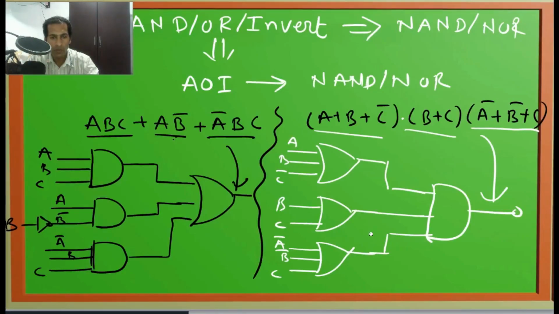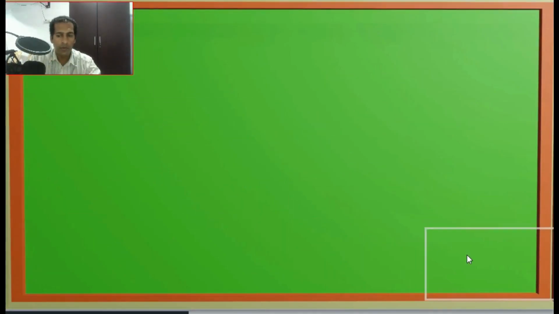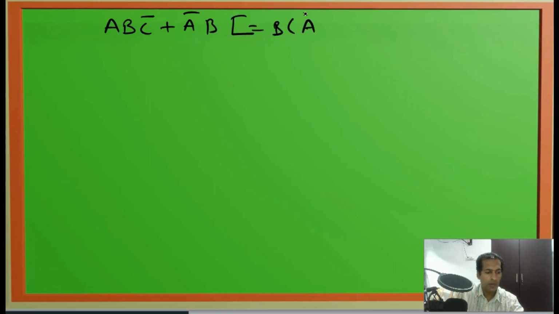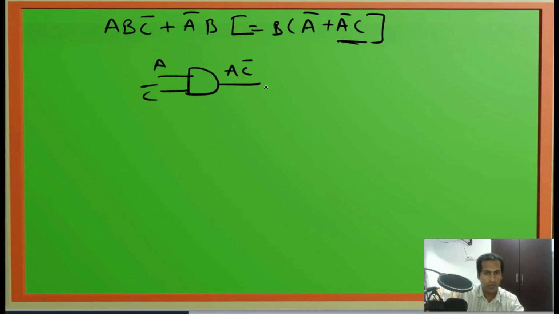Now let us see a hybrid form. Say we have the expression A, B, C bar plus A bar, B, plus A bar, C. First we see AC bar, which we get with an AND operation. The output is AC bar.